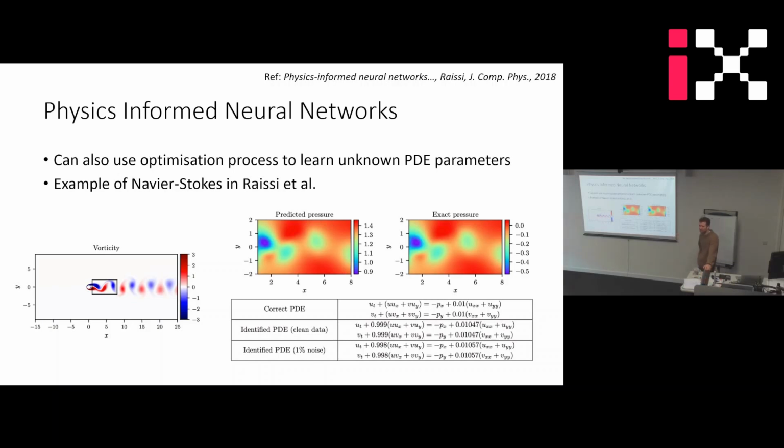If they were to train their neural network on a certain set of viscosities and then try and predict something with a different set of viscosities, that would just work. It did not work, no. This is the viscosity that matches the training data.